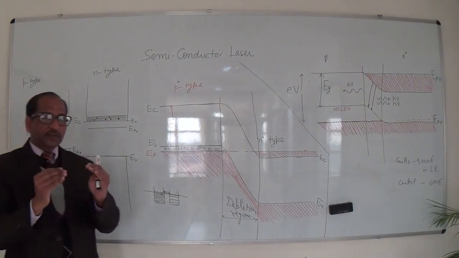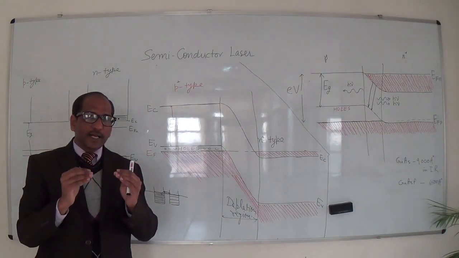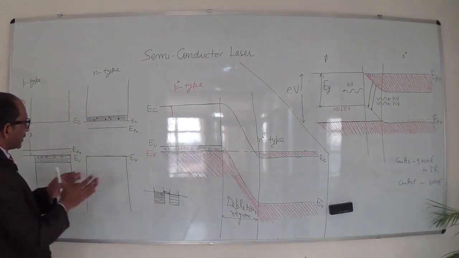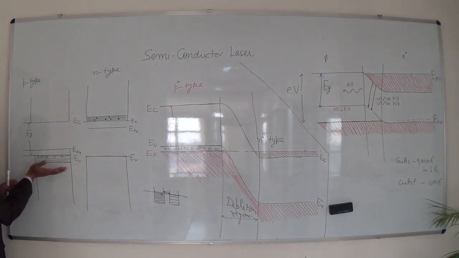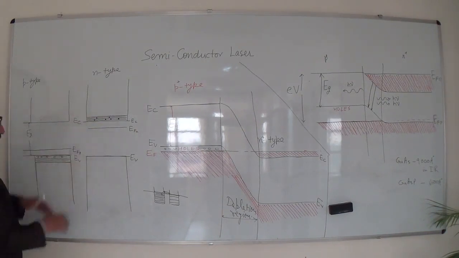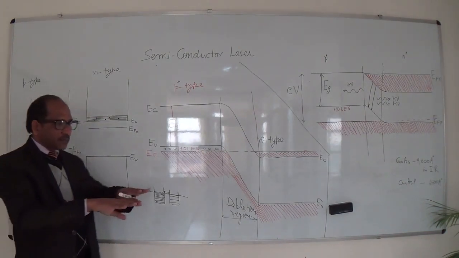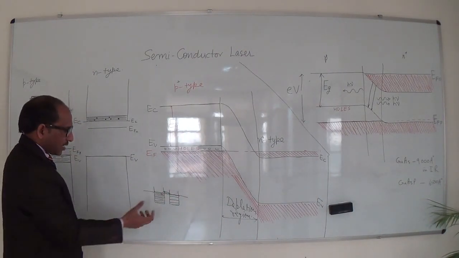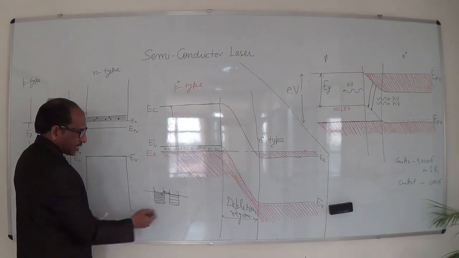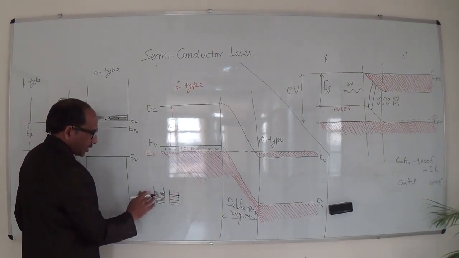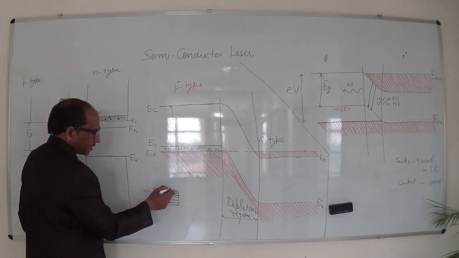When we join these p-type and n-type semiconductors, what happens basically? Some energy levels rise up, and from the n-type they come down, and after some time they become an equal position. Like the example I have given here of two containers in which water is filled to different levels.